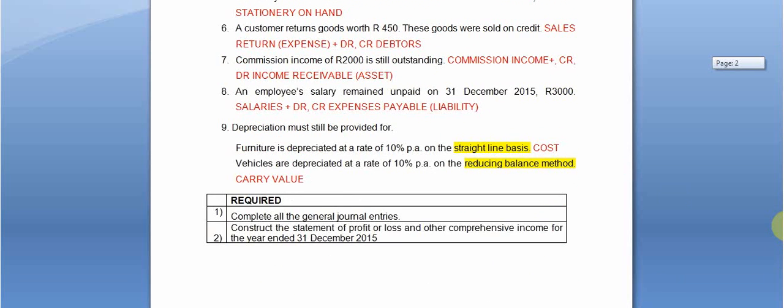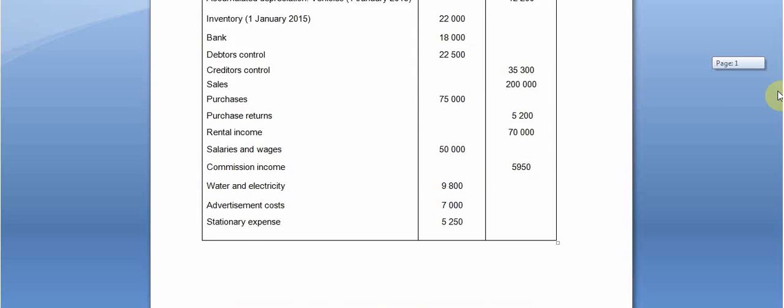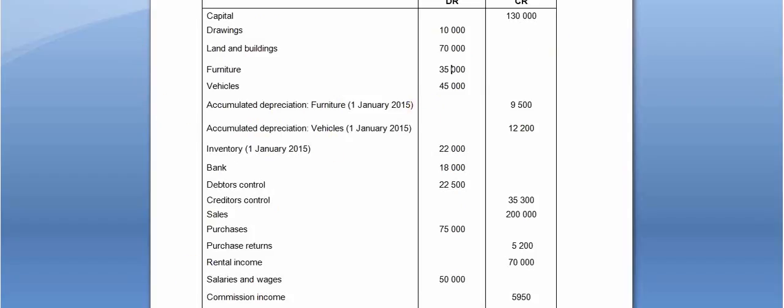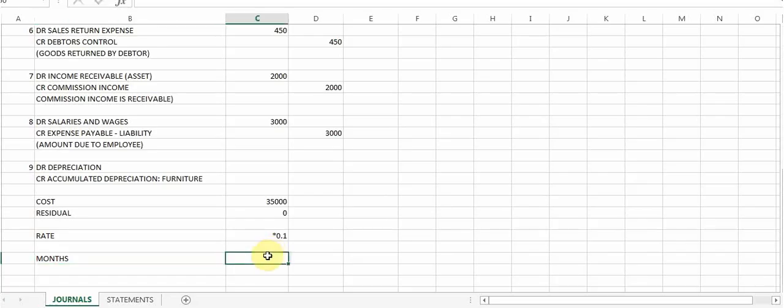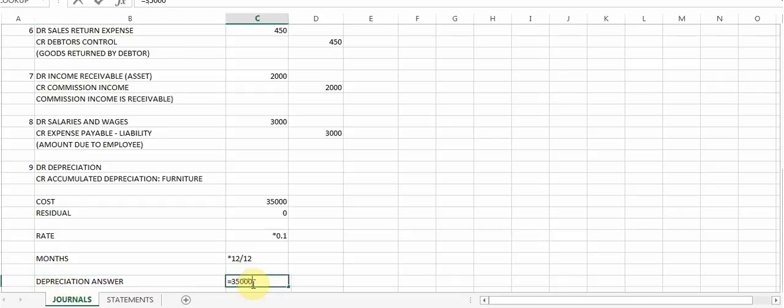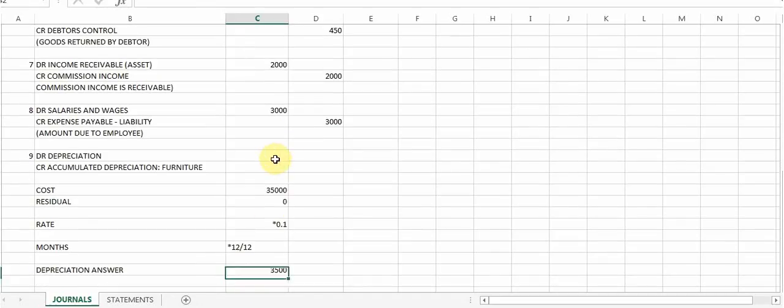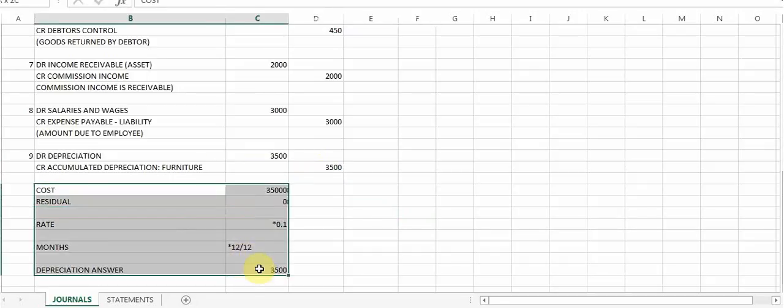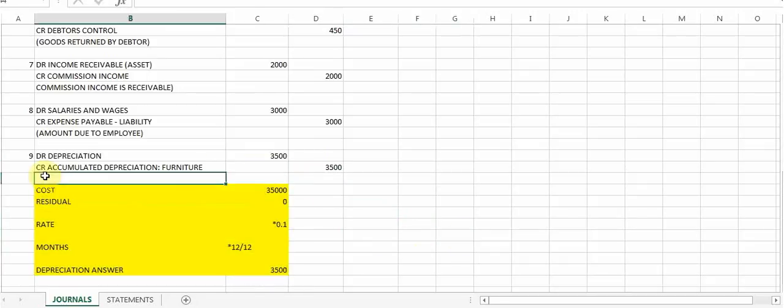They did not tell me on what date anything was purchased. So I need to assume that the furniture was held for the entire year if they don't give me a date. So I'm just going to say times 12 out of 12. And this is going to give me a depreciation answer of 35,000 times 10% times 1, because 12 over 12 is 1, and that gives me 3,500. I'm just going to highlight this so that you can see it's a calculation, and the description is record depreciation on furniture.